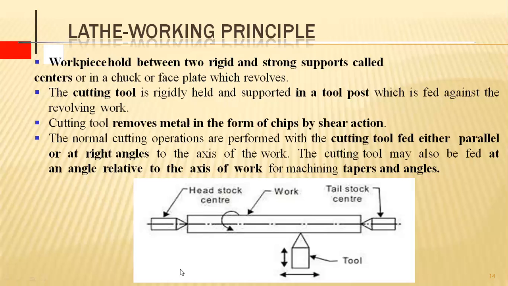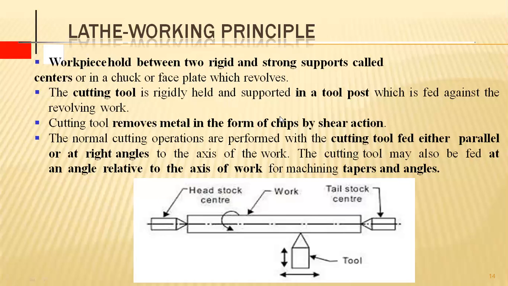Nominally, the cutting tool, which is displayed in the diagram, is held rigidly, maintaining an exact right angle of 90 degrees with respect to the holding devices. Normally we call it the tool post, which is pressed against the revolving work for the MRR process. This cutting tool removes the metal in the form of chips by shearing action.